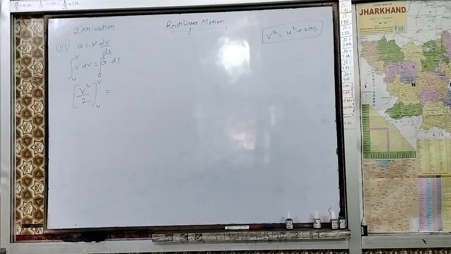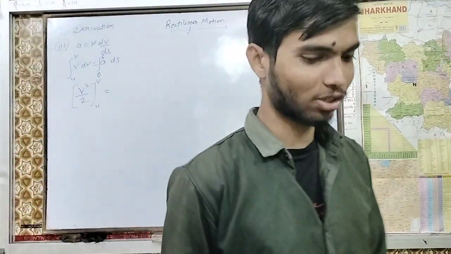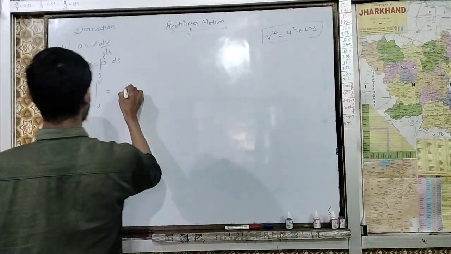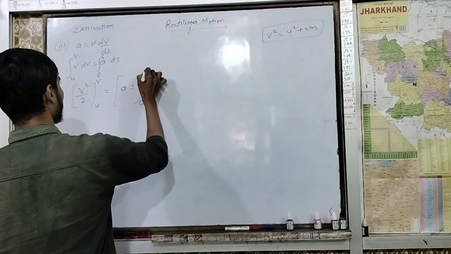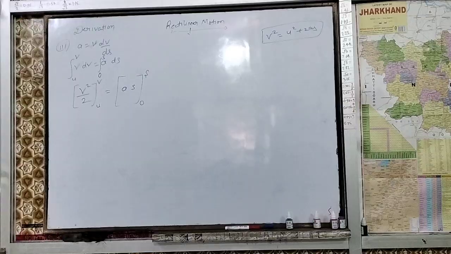So a is a constant over here, and integration of a ds will be as. So a into s, and limits are from 0 to s.